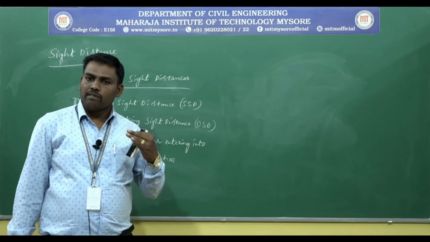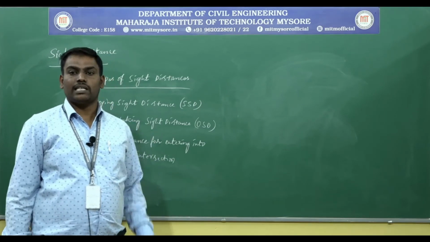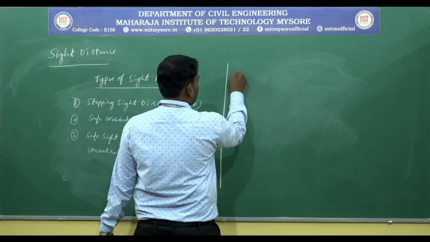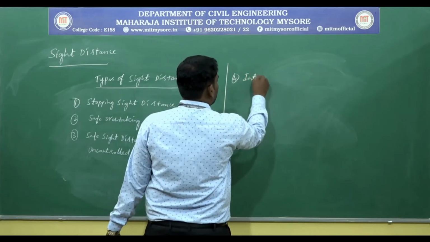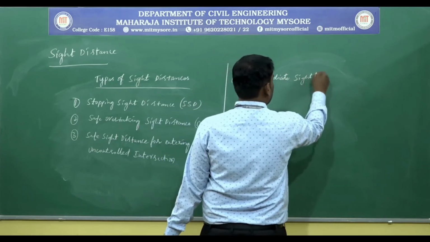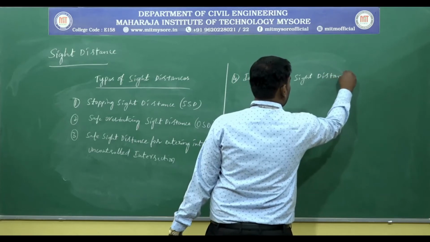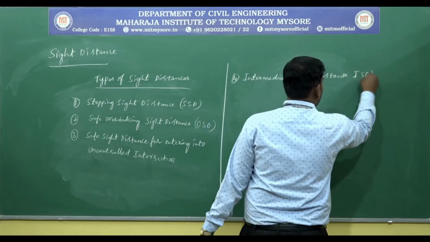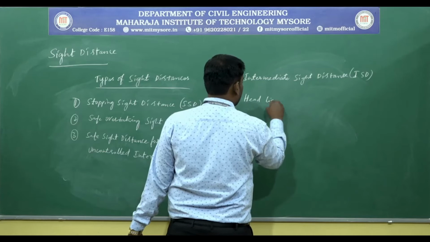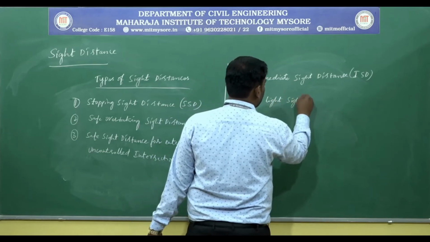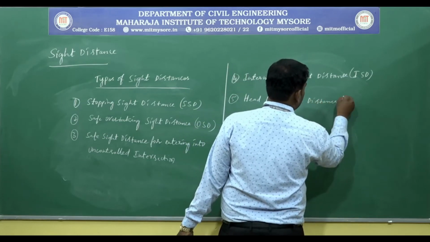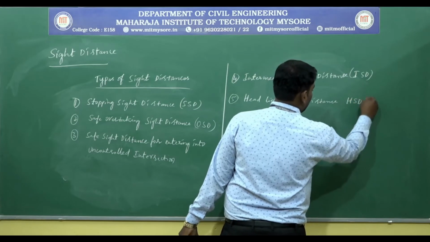Those are the fourth one, intermediate sight distance, ISD, and the fifth one, headlight sight distance, called HSD.